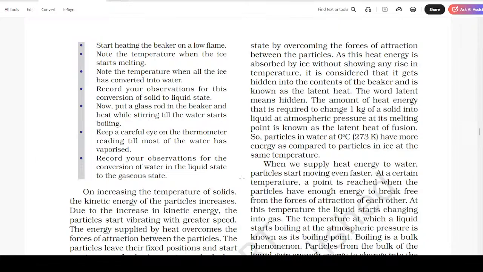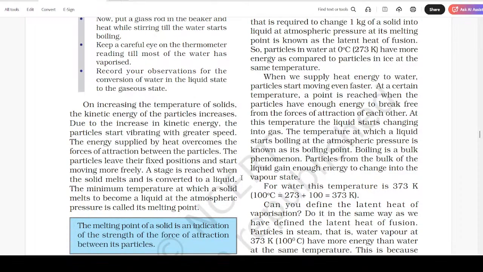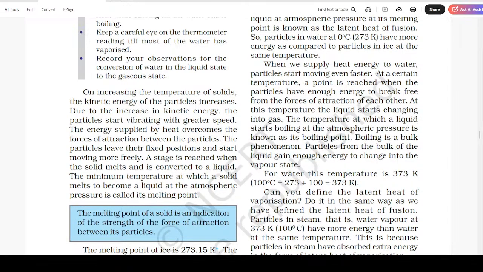So particles in water at 0 degree centigrade, 273 Kelvin, have more energy as compared to particles in ice at the same temperature. When we supply heat energy to water, particles start moving even faster. At a certain temperature, a point is reached when the particles have enough energy to break free from forces of attraction of each other.